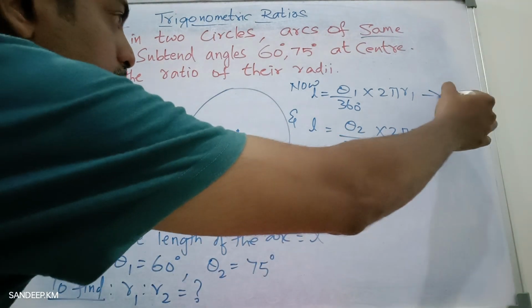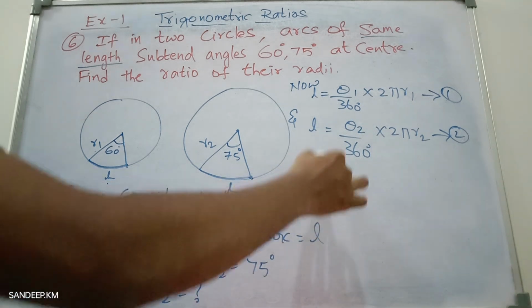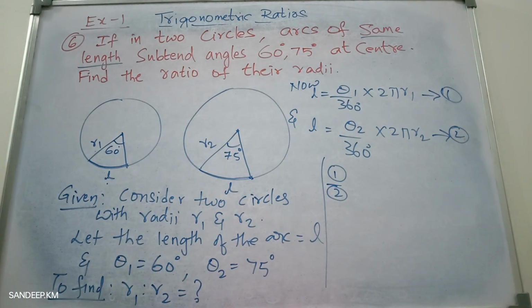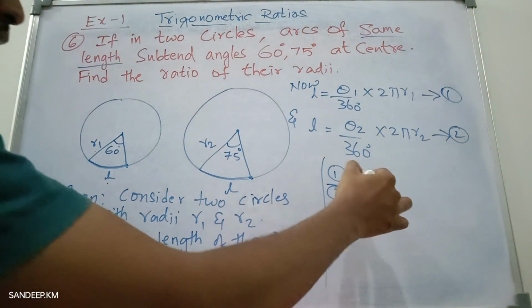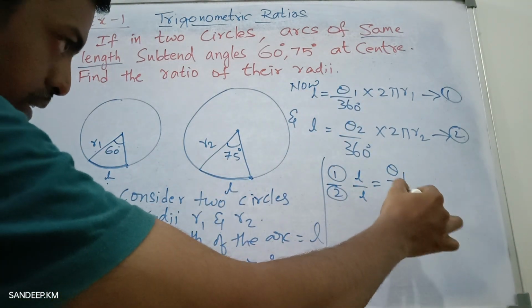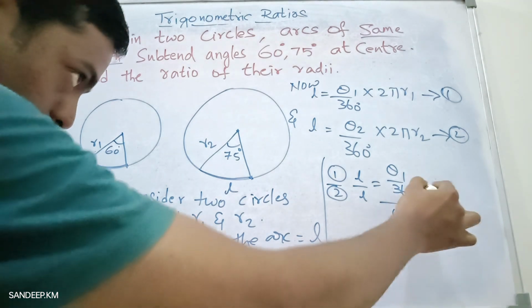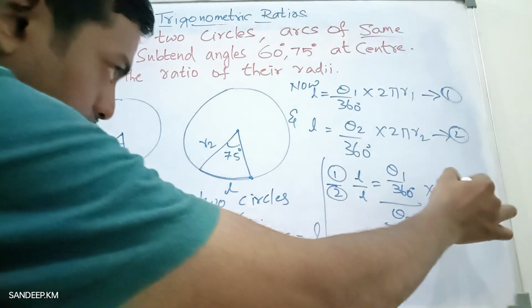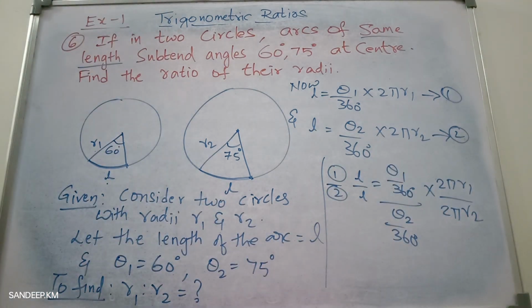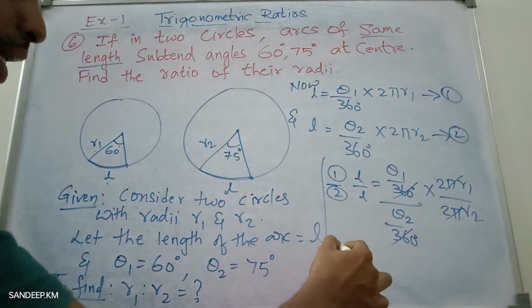What shall I do with this first formula and second formula, dear students? Let us divide them, 1 divided by 2. So when I do 1 divided by 2, I will get L by L is equal to theta 1 by 360 divided by theta 2 by 360, into 2 pi R1 by 2 pi R2. 360s will get cancelled, 2 pi's will get cancelled, L by L is 1.